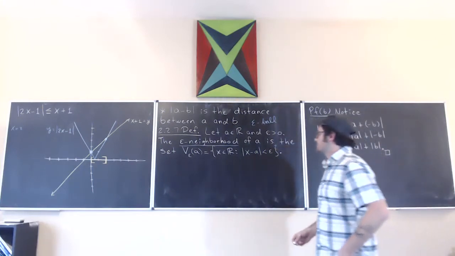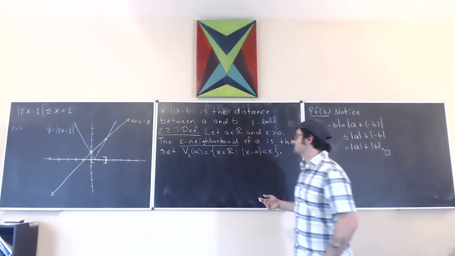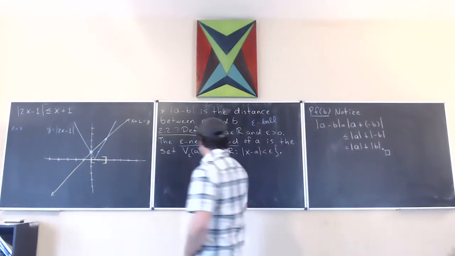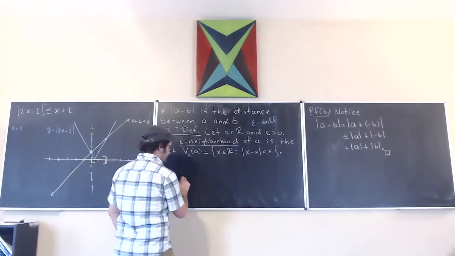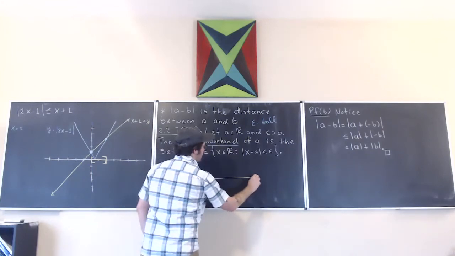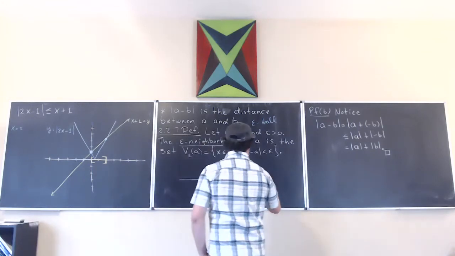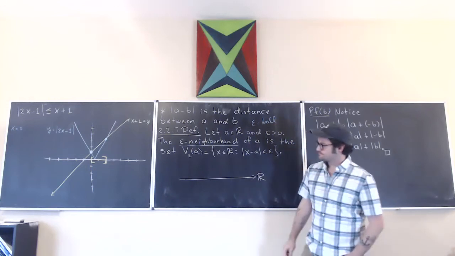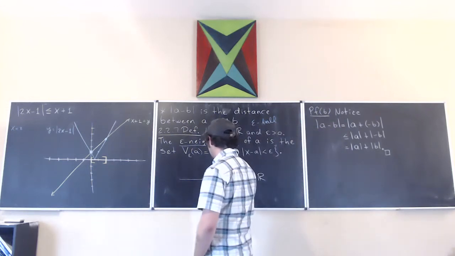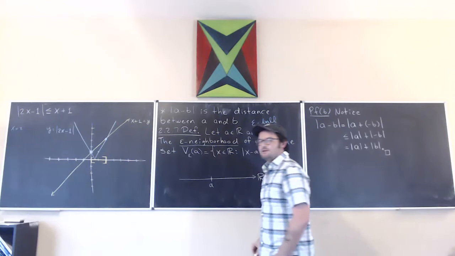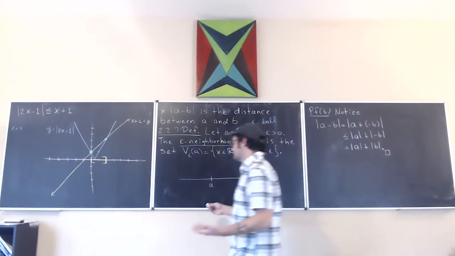Okay, so this leads me to, with this definition, well, actually, we should probably interpret what this looks like first before proving anything. So we have the real number line, and then for any given number A, you can pick an epsilon.